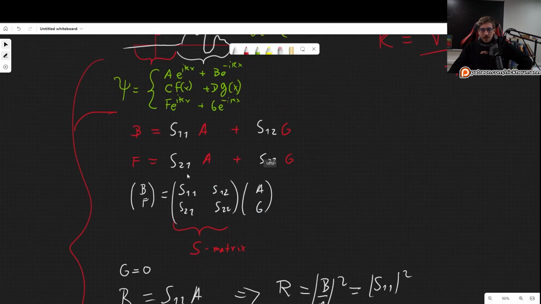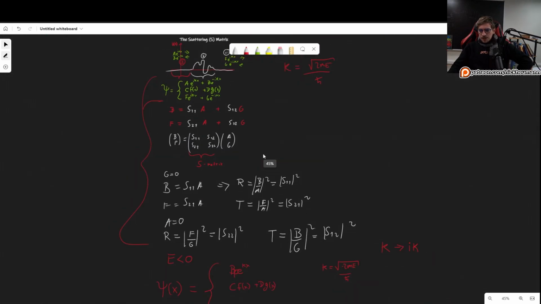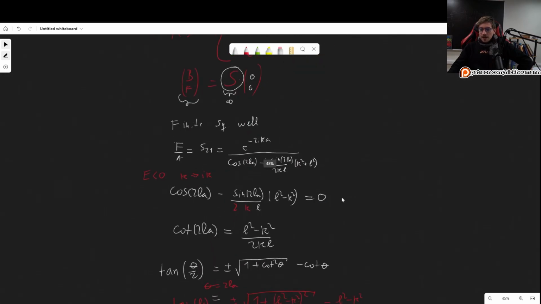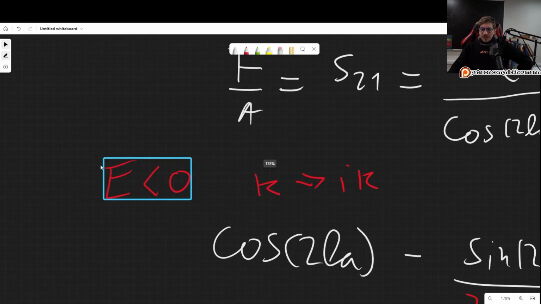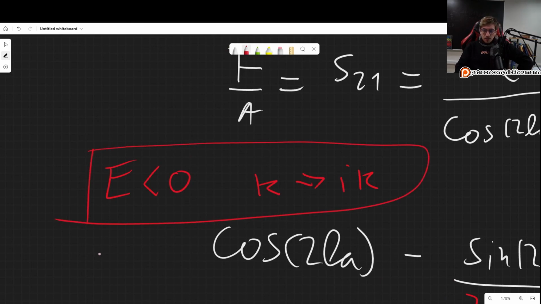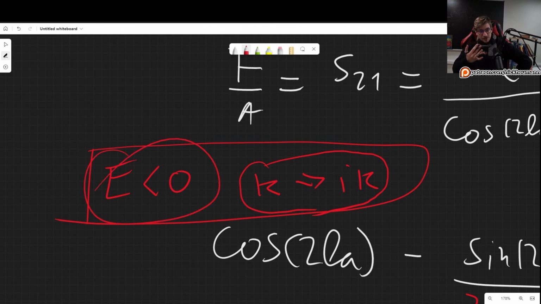Deriving it is very, very simple. And keep in mind that whenever you want to find the bound states, if there are any, if the scattering matrix doesn't blow up, if there's no way to make it blow up, then there are no bound states. And then you have to use this condition, k goes to ik, because now our energy is negative, so the k changed.